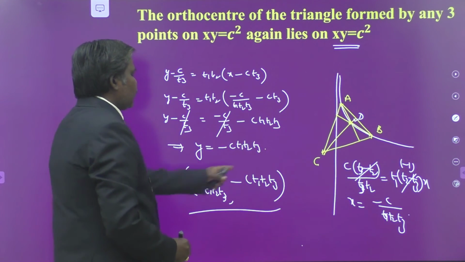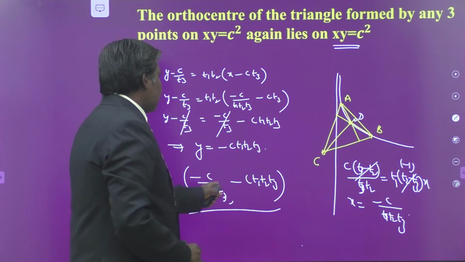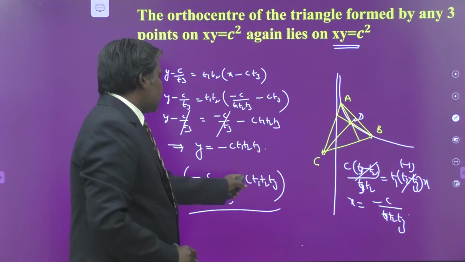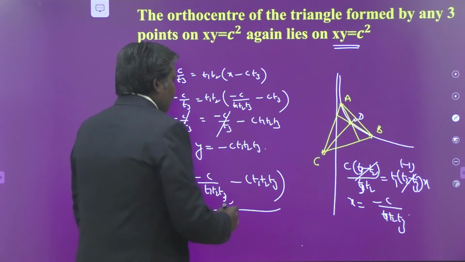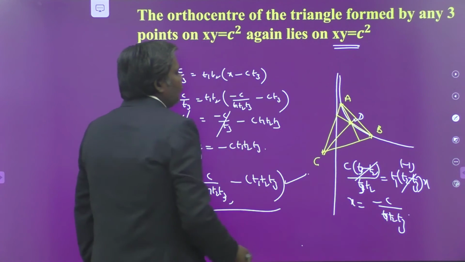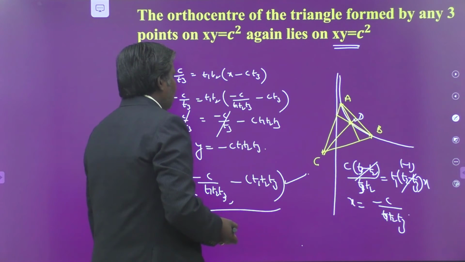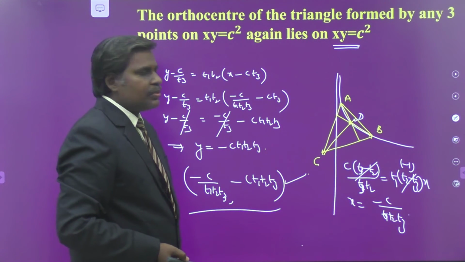Does it lie on xy equal to c square or not? x into y is what? t1 t2 t3 and t1 t2 t3 get cancelled. Minus c into minus c is c square. Clearly, it is again on the hyperbola. So your orthocenter lies on the hyperbola xy equal to c square.